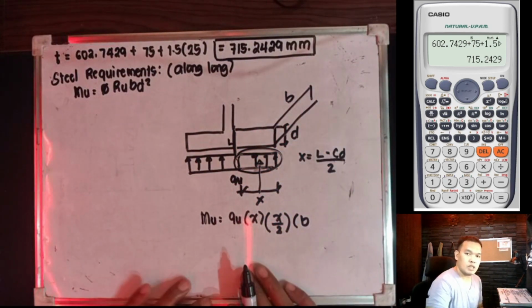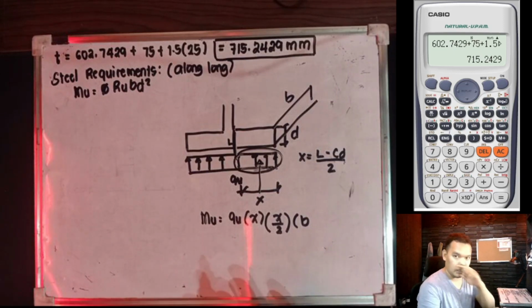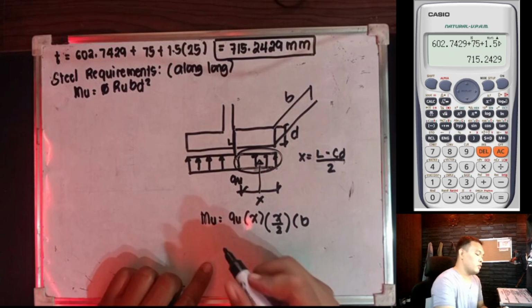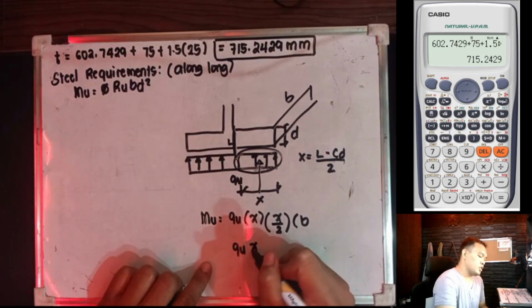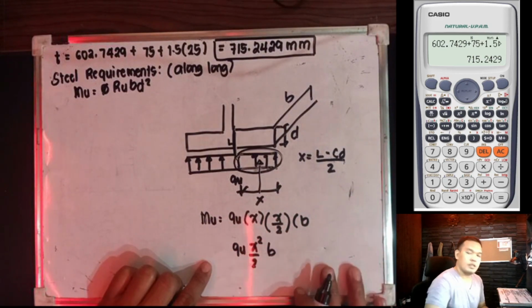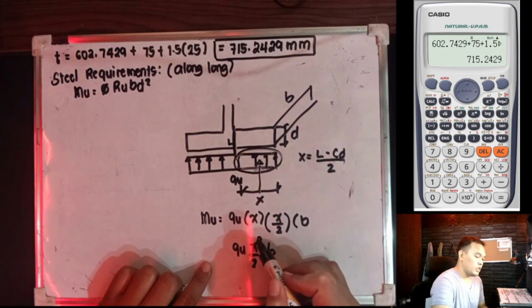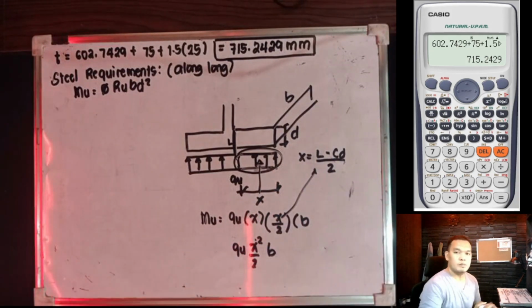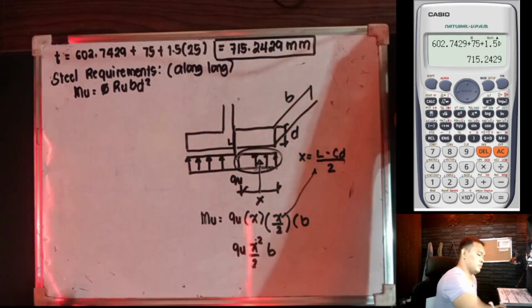So, same din dun sa, kapag dun sa along short, ganito din yung mangyayari. So, we could say that the formula is QU X squared all over 2B. Okay? And we all know that X squared, yung X is equivalent to dito. Okay? So, write natin.